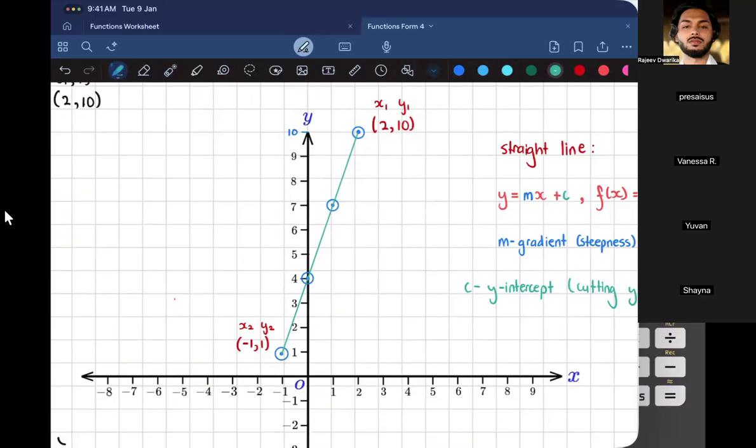At 4, right? At this point over here. Do we all agree that this is the y-intercept? So the graph cuts the y-axis at 4.